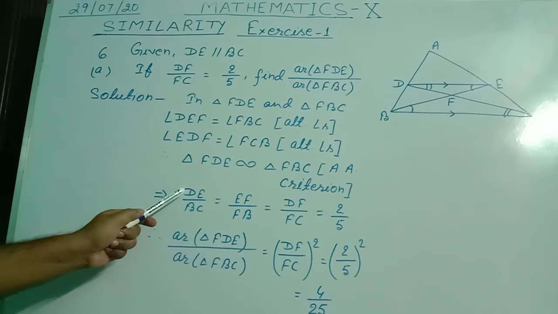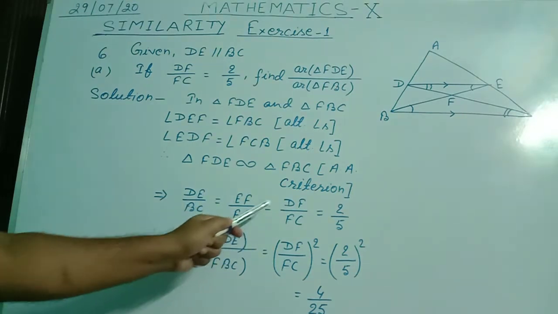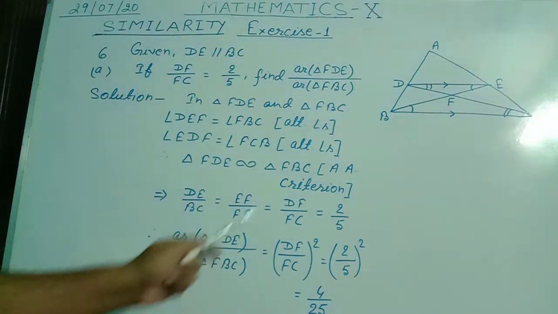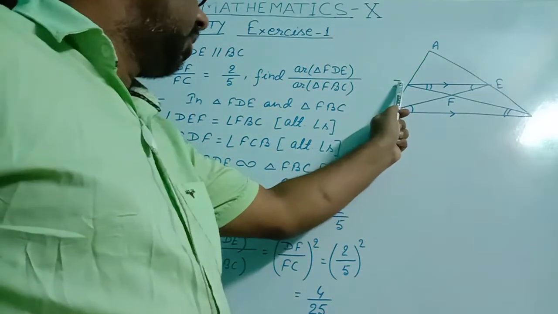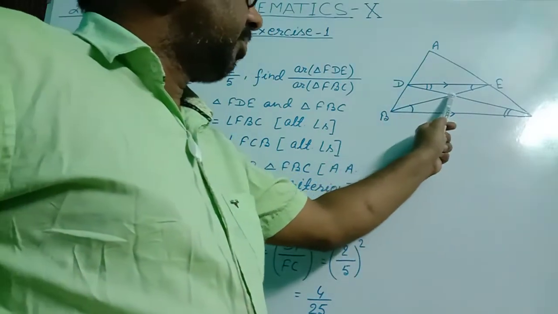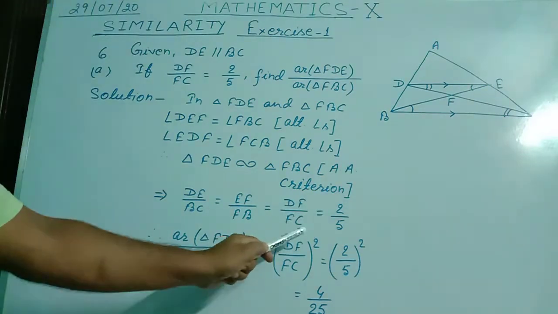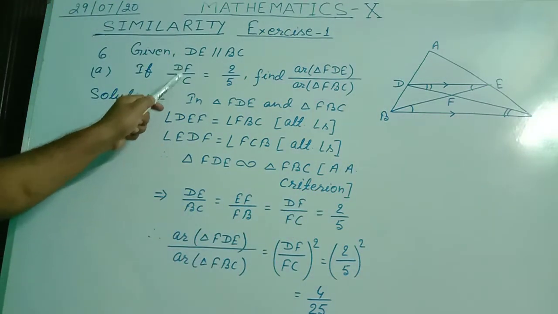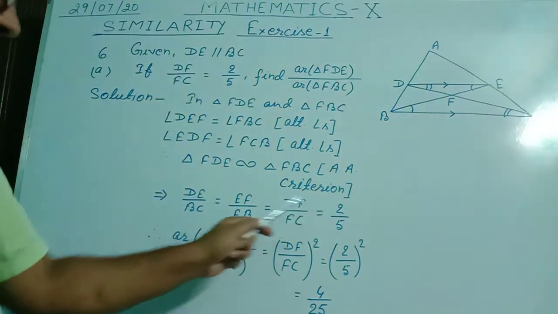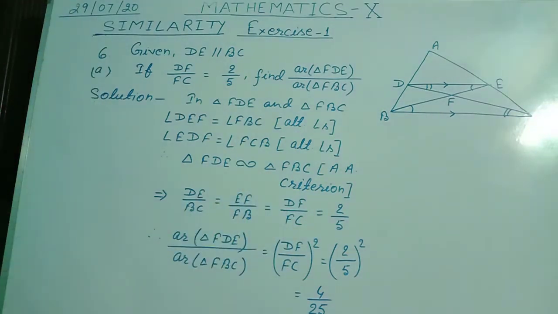So I wrote here DE by BC equal to EF by FB equal to DF by FC. You can match with this. DE by BC equal to DF by FC equal to EF by FB. That is equal to, given, DF by FC equal to 2 by 5. So all these ratios of corresponding sides will be equal to 2 by 5 because all these are equal.